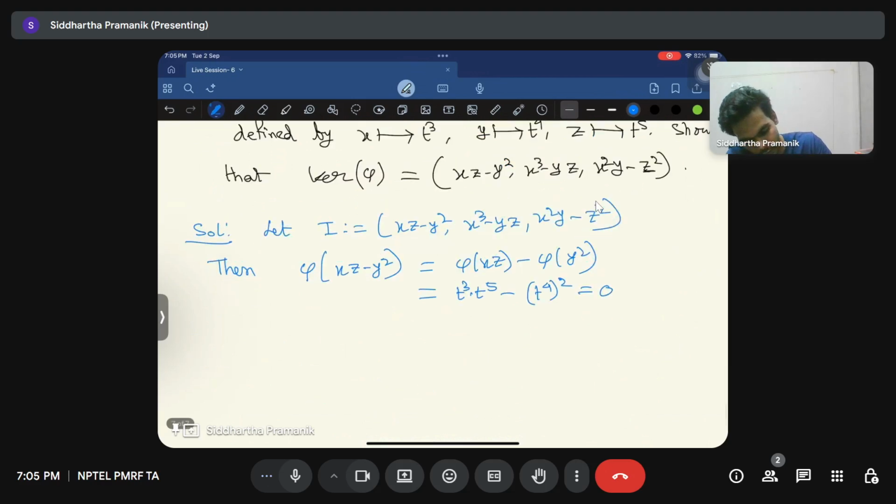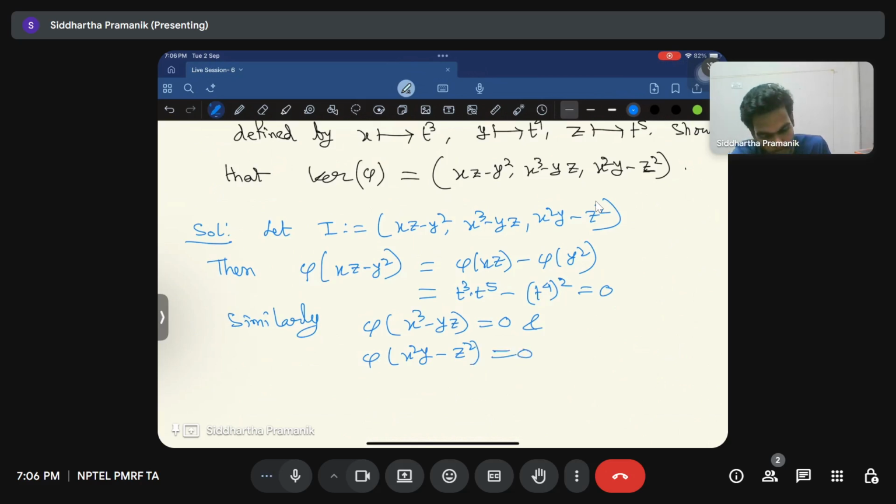So this is 0. Similarly, you can check that phi of the other generators, x^3 minus yz, this is 0, and phi of x^2 y minus z squared, this is also 0. So all these three polynomials are in the kernel. This implies I is a subset of kernel phi.